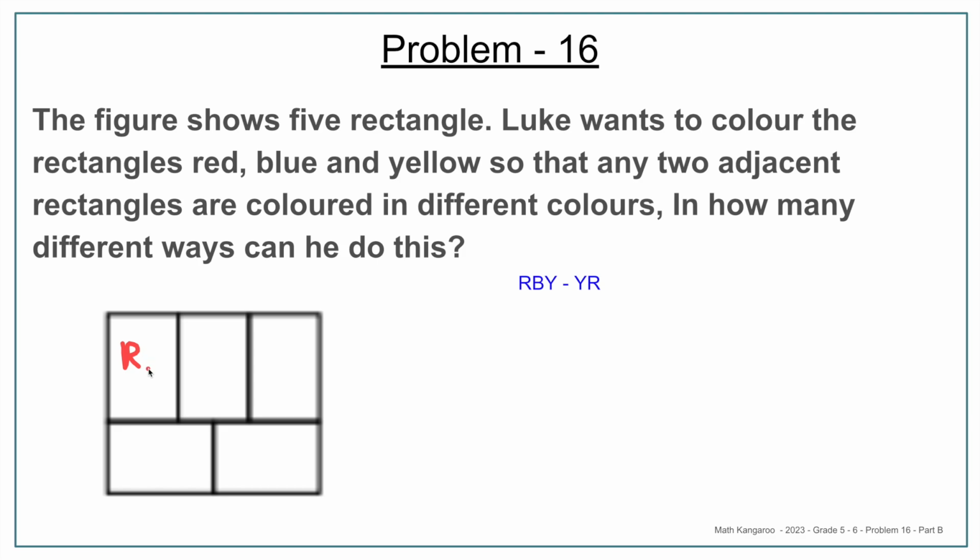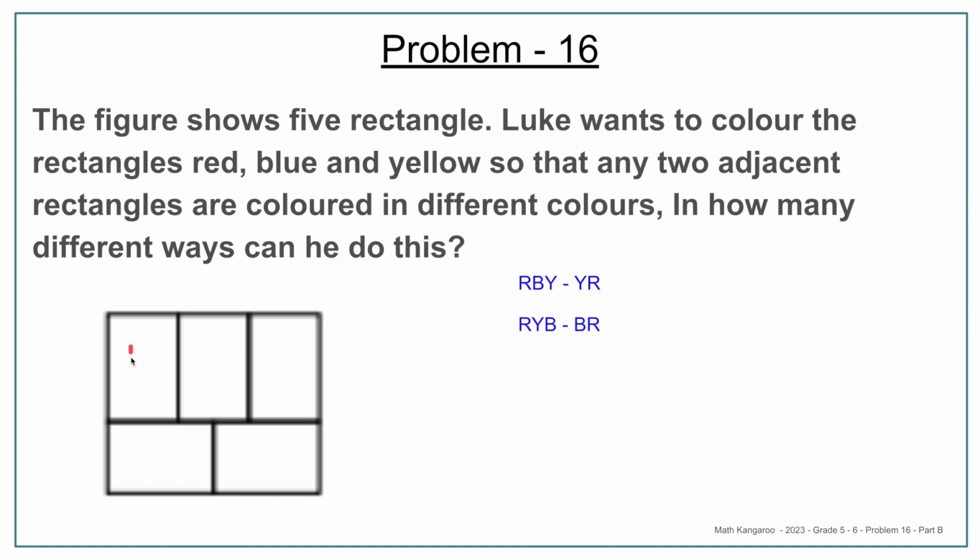So we have red in here and we try yellow and blue. The colors here would be blue and red. So we have all these different colors for the adjacent rectangles. Now third, we already tried all the red.